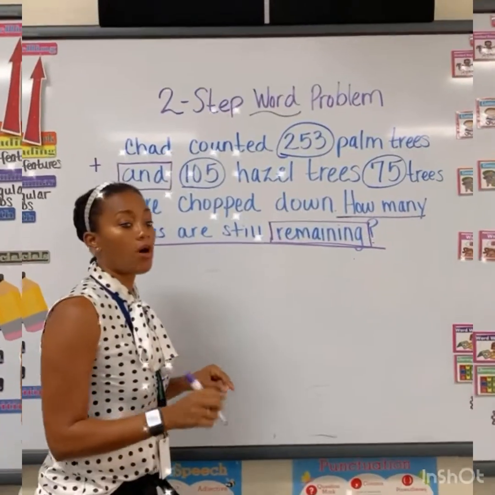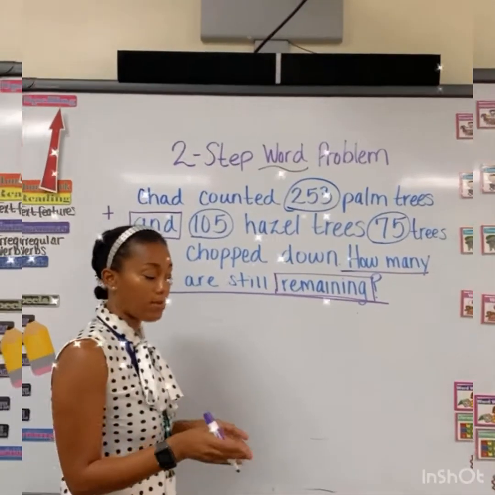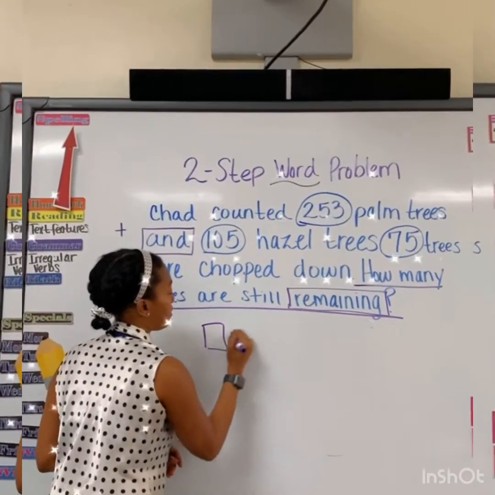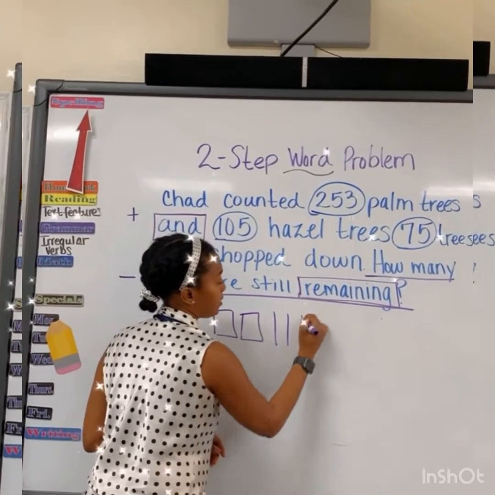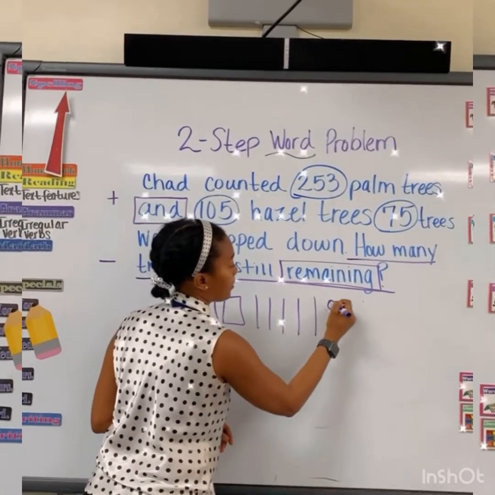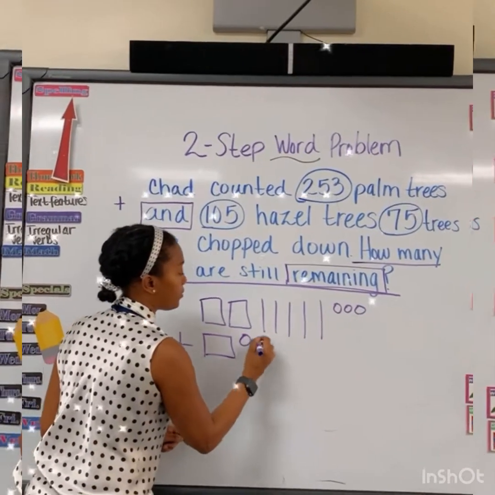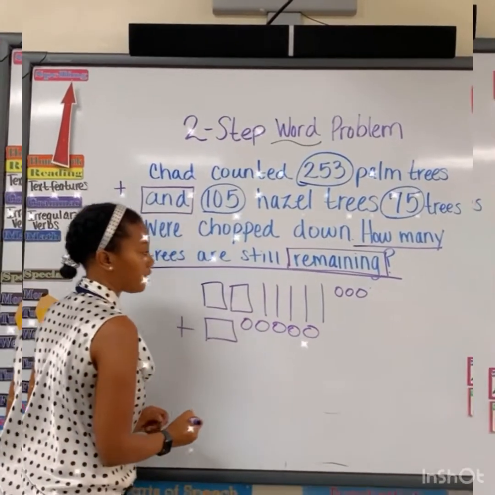Okay? Now I'm going to solve the same problem, but this time using the base 10 model. So I have 253, 1, 2, 3, plus 100, 1, 2, 3, 4, 5, 105.